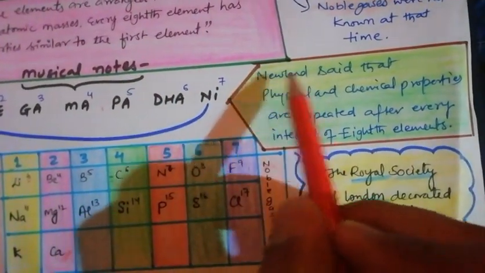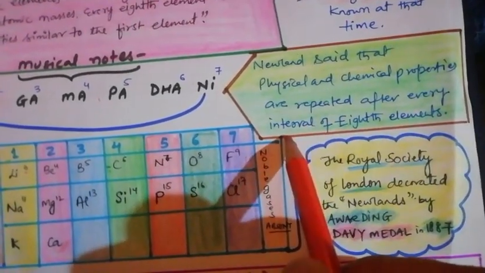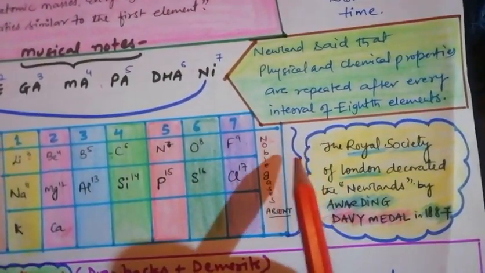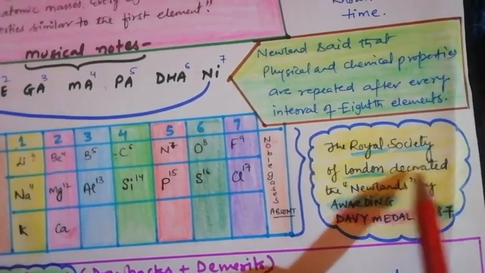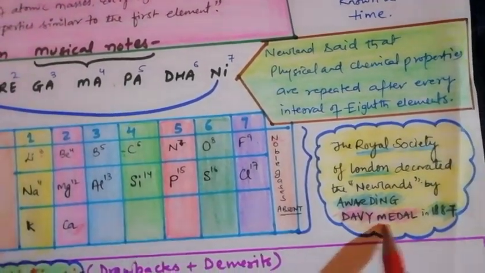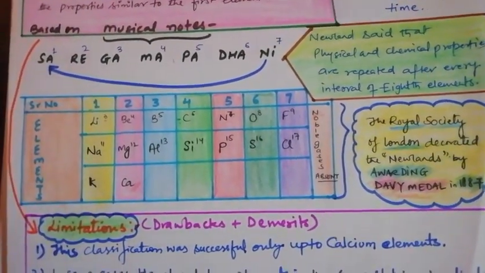Newlands said that physical and chemical properties repeat after every interval of 8 elements. For this, the Royal Society of London awarded Newlands the Davy Medal in 1887, because of his contribution.